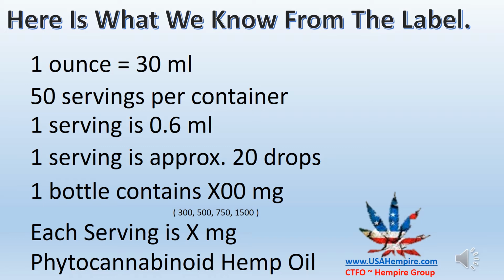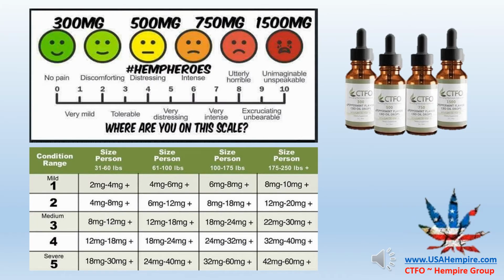So therefore, we can extrapolate each serving is going to have 1/50th of whatever our milligrams, the 300, 500, 750, or 1500, of our phytocannabinoid hemp oil. Okay, well, we'll dig a little bit deeper into that in some of the next few slides.